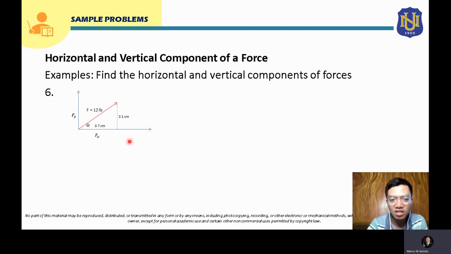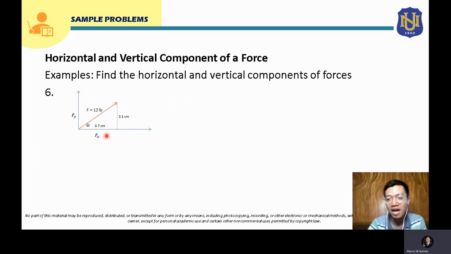If this is the given, it's simpler to solve first the theta. You can solve the theta from this triangle, since theta is here. So this will be the opposite side of the triangle and this is the adjacent side. So the given are opposite and adjacent side.